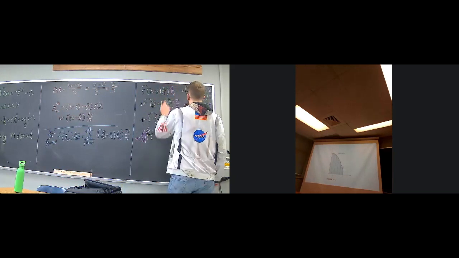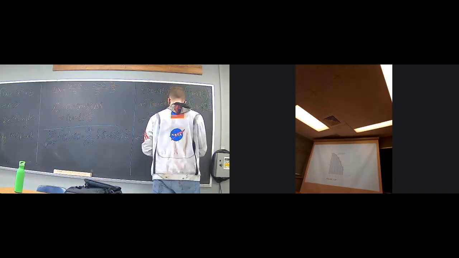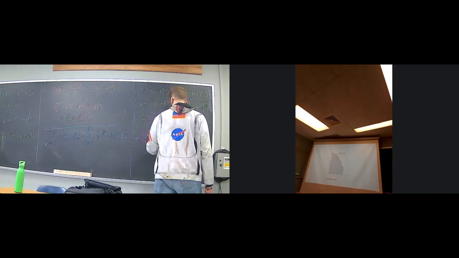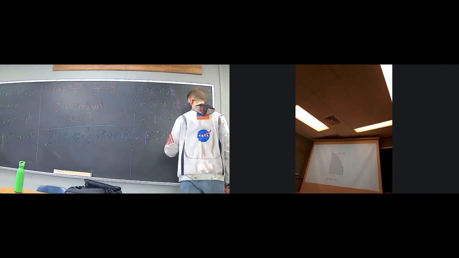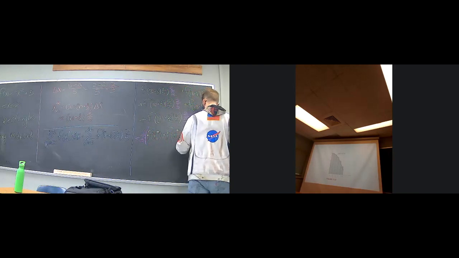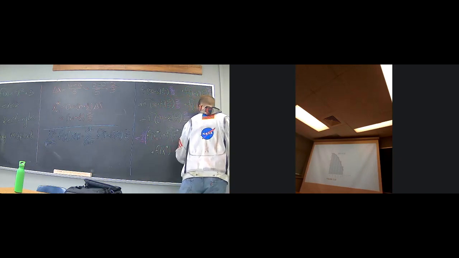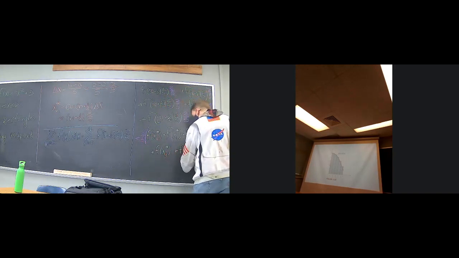Which I'm not going to write in this long, ridiculous notation this time. I'm going to write it as f of x 0 star plus f of x 1 star plus f of x 2 star plus f of x 3 star plus f of x 4 star.